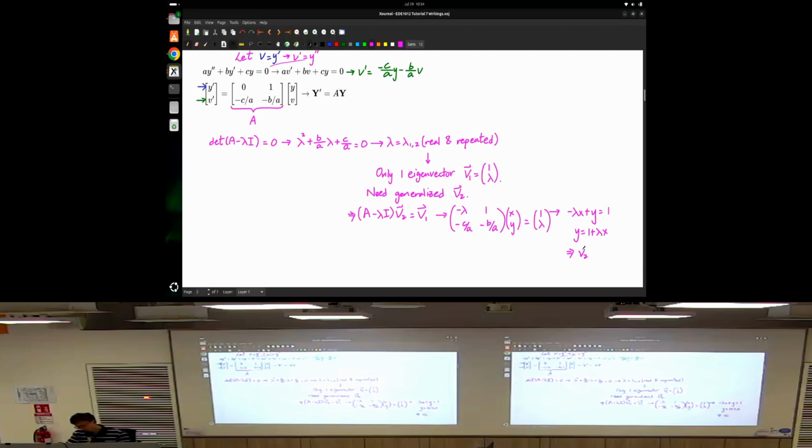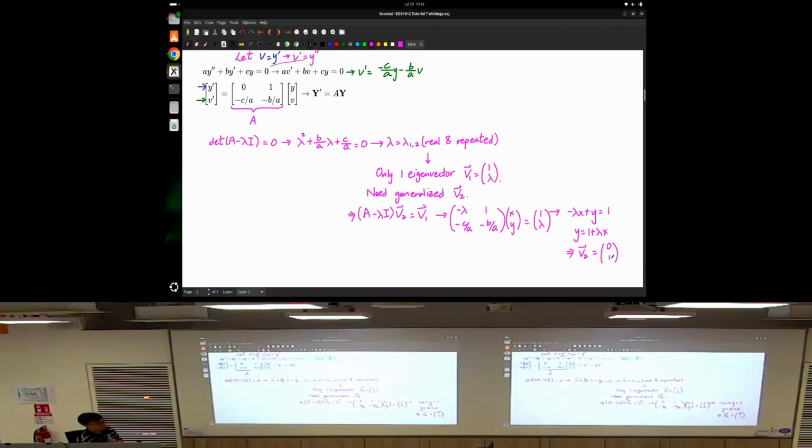So V2, the generalized eigenvector, will be (0, 1). Just choose x to be 0, and your y automatically will be 1. Of course, you can choose (1, 1 plus lambda) also, but that's more difficult.